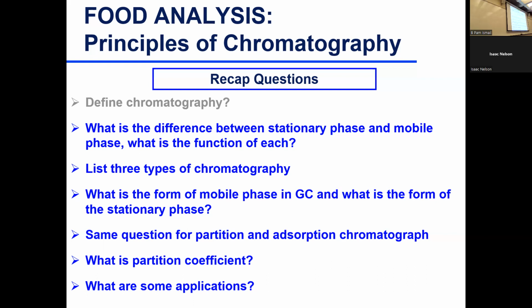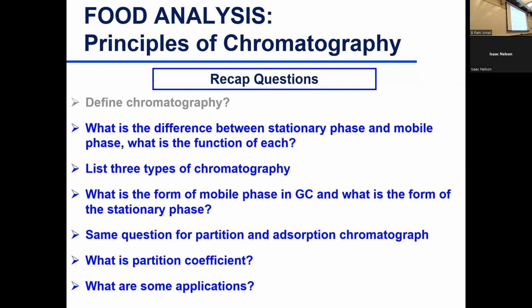In the paper chromatography, which we covered last time, it's called partition because the paper is only serving as a support, so that you can have water adhered on it, and then the mobile phase will be an organic solvent that is immiscible with water.